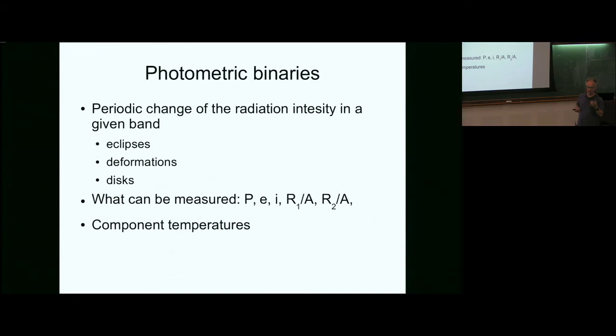You may have disks around the stars, and I'll show you an example of a light curve of a system with the deformations of the disk. So you can measure the period, the inclination, the relative sizes of the stars, and you can also measure the ellipticity. How can you measure the ellipticity?